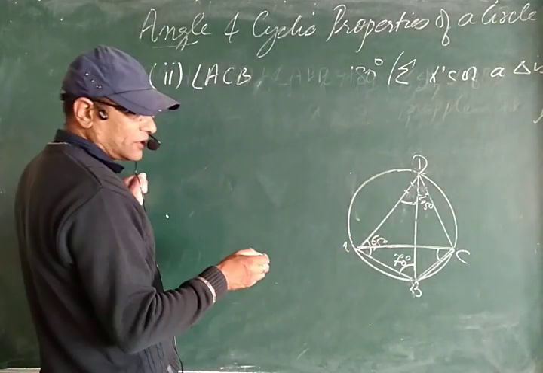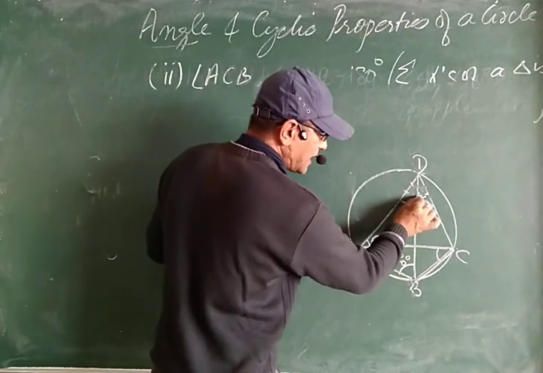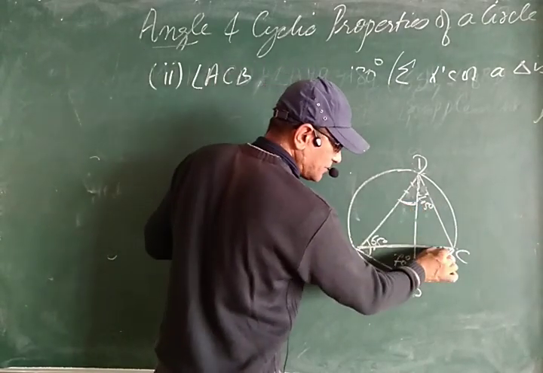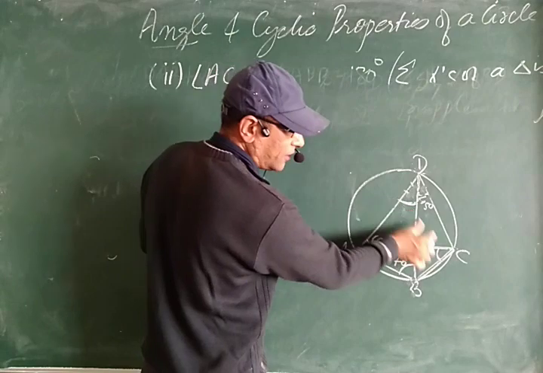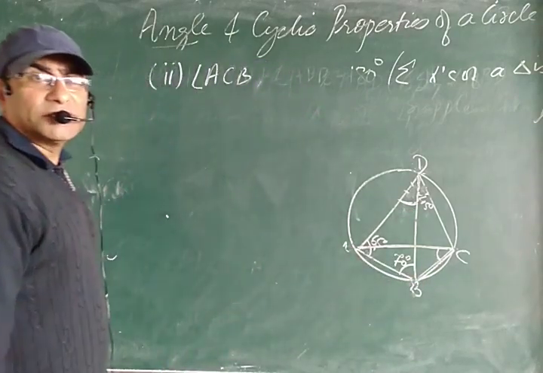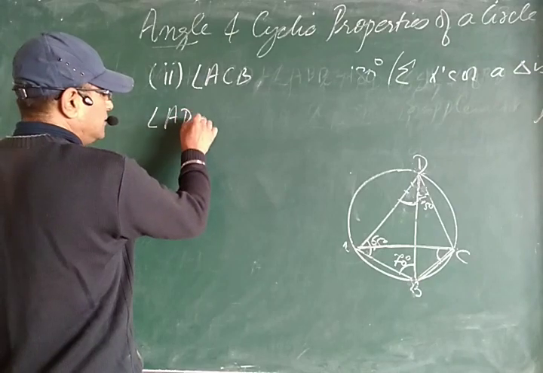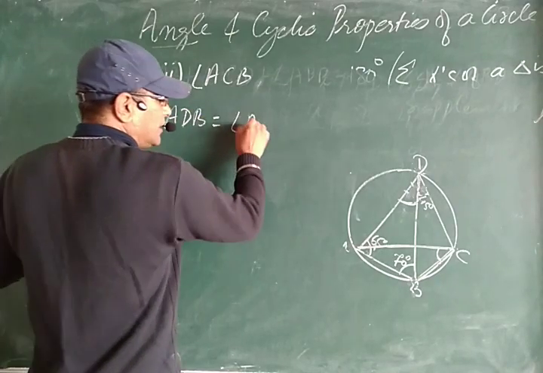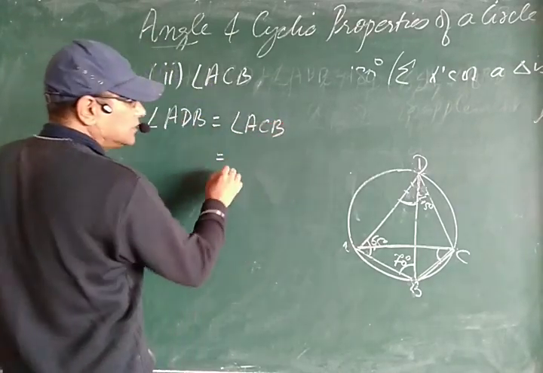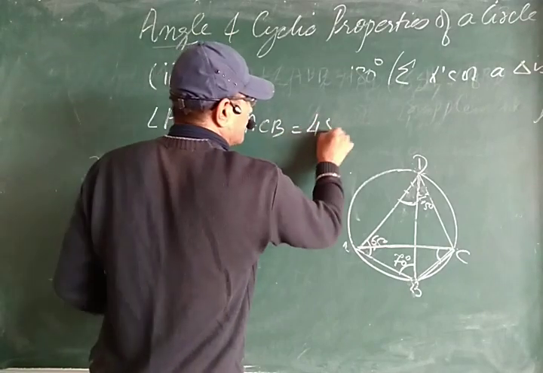Now in the previous theorem, again, what we said, angles at the same segment. This is formed at one segment, this is formed at one segment. So these are formed at the same segment. So angle ADB is equal to angle ACB is equal to 45 degrees.